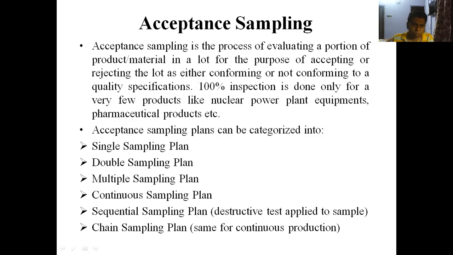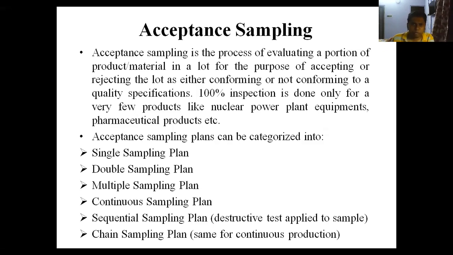Okay, so in some cases, in these types of single sampling plan, double sampling plan, and multiple sampling plan, usually the non-destructive tests are carried out. That means you can further use the sample even after testing.